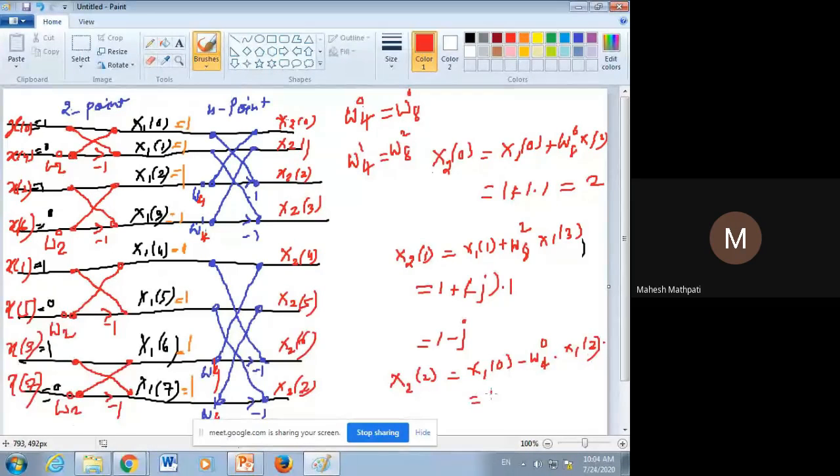So which will be equals to 1 minus omega 4 raised to 0 is again 1 into 1. So the value is 0. Understood? Still any confusion? No, sir. Okay, you please calculate for the further values.